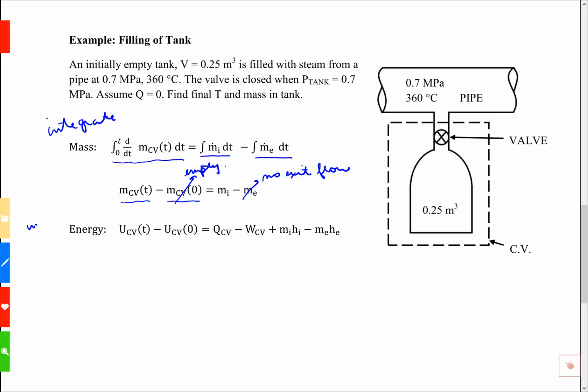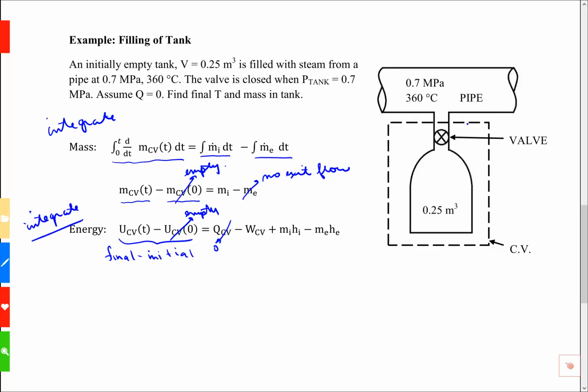We're also going to integrate the energy equation for an open system, and when we do that, the unsteady term becomes final minus initial. And as before, if the tank is empty at the beginning, then this term is not going to be active. Get rid of that term. We're told that there's no heat.